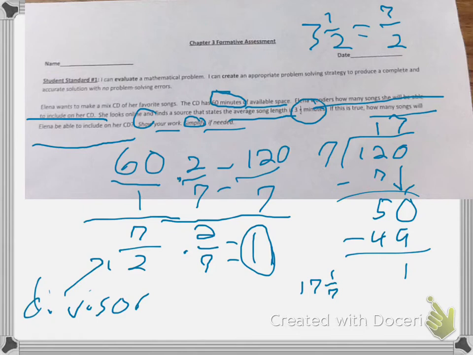So thinking about the problem, if I'm going to write this accurately, the problem is about Alina. So I'm going to make Alina part of my response. And the question was how many songs can Alina include on her CD: 17 songs.